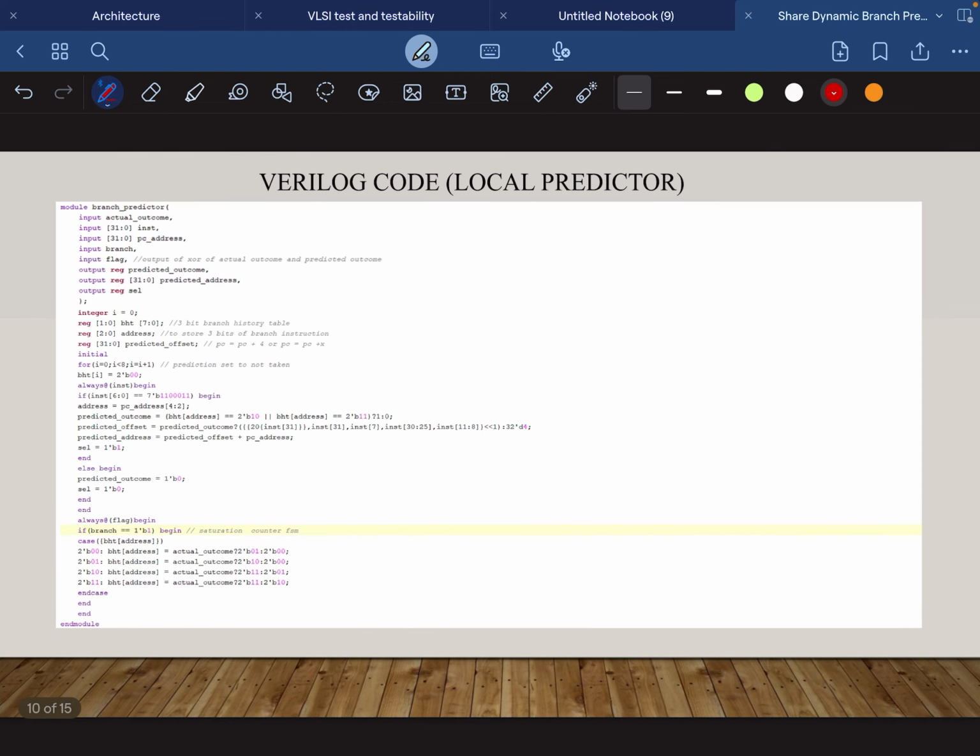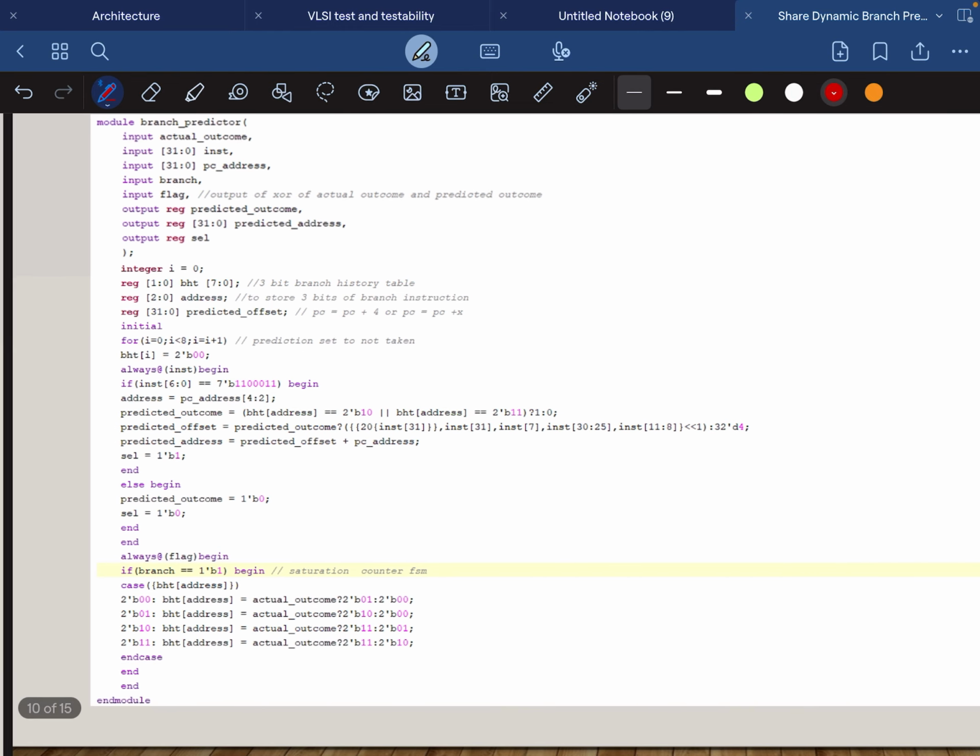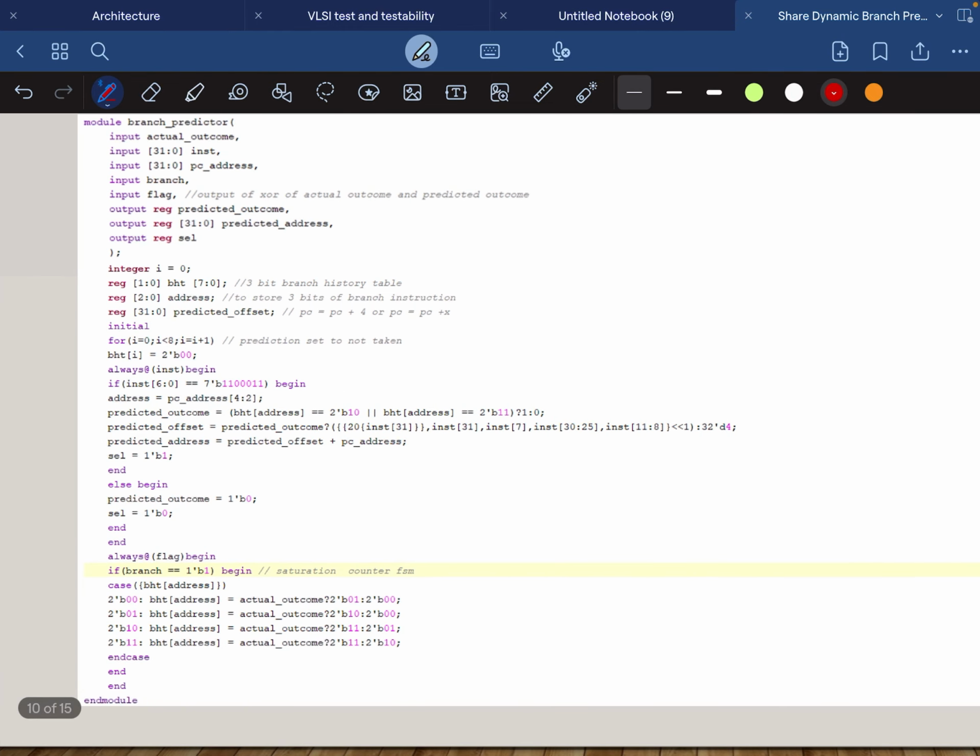If we see the Verilog code implementation of this local branch prediction, this branch predictor has a series of inputs. One is the actual outcome, to verify whether the predicted outcome and the actual outcome match or not. If they match, there is no problem. If there is a mismatch, there has to be a state change. This is the instruction input, to know whether it is a branch instruction or not.